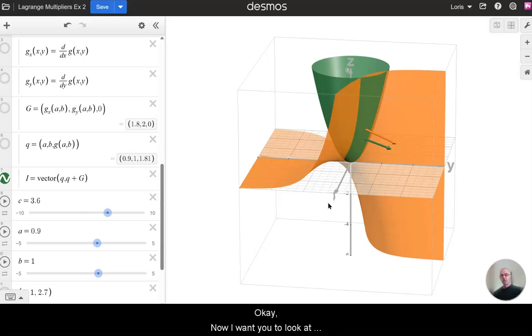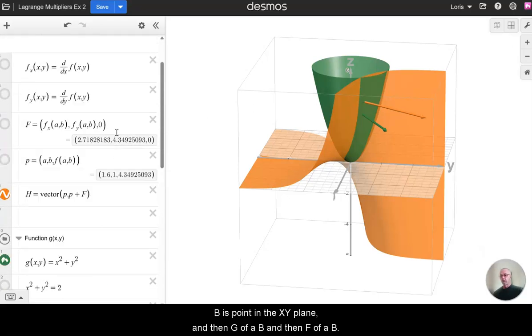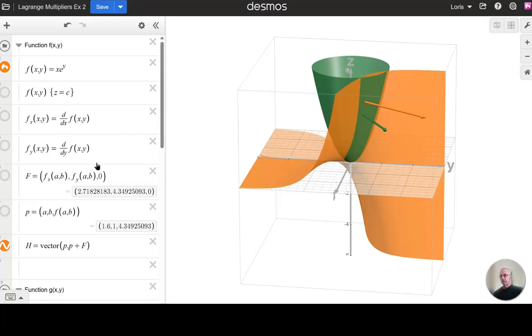Okay, now I want you to look at whenever I change my points, whenever I'm going around. So A and B here, (A, B) is a point in the xy plane, and then g of (A, B), and then f of (A, B) gives you the actual point itself.